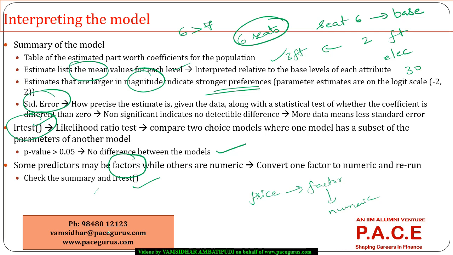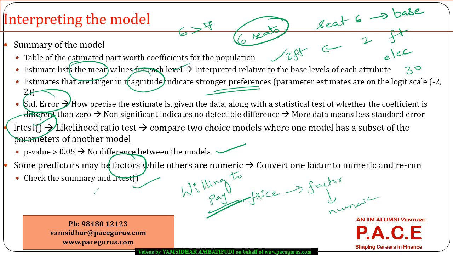But now when it is actually a numeric, I have a different way to interpret the output. This is where I want to look at price as a numeric, though I am giving the question as a factor when the customer is answering it. Now I want to evaluate it as a number, so that I can assess how much the customer is willing to pay extra for a particular feature.